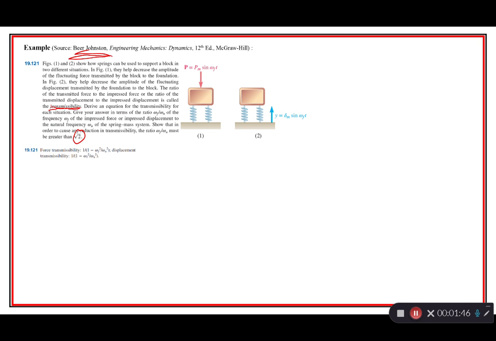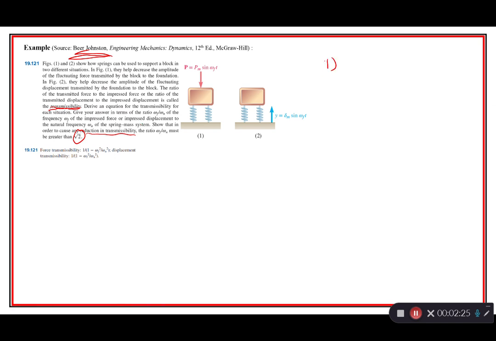Give your answer in terms of r, the ratio of the frequency omega f of the impressed force or impressed displacement to the natural frequency omega n of the spring-mass system. Show that in order to cause any reduction in transmissibility, the ratio omega f over omega n must be greater than the square root of 2. That's a lot of words, so you might want to replay that, or just watch what's going on right here.